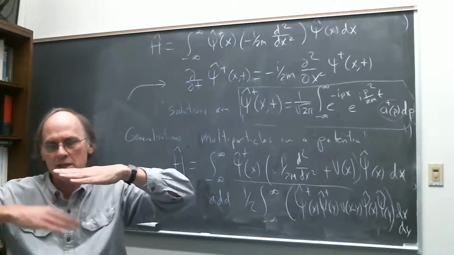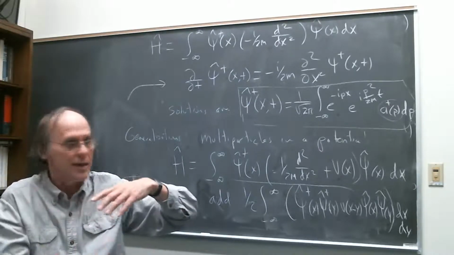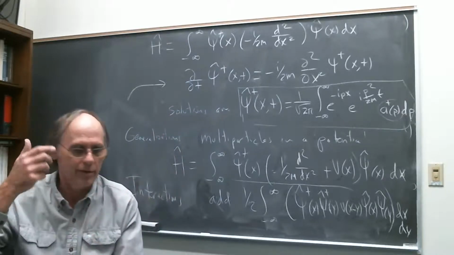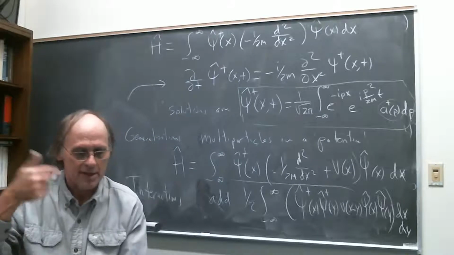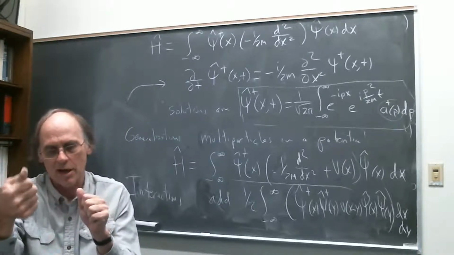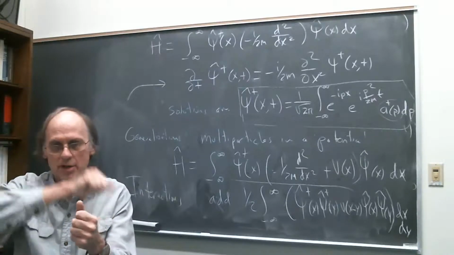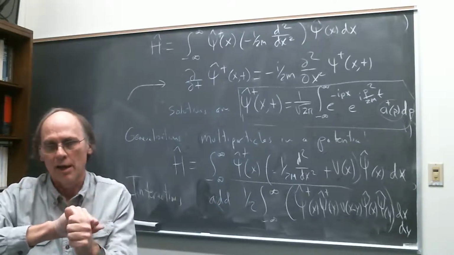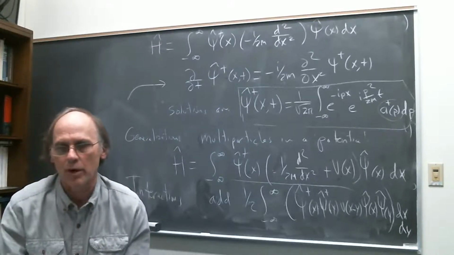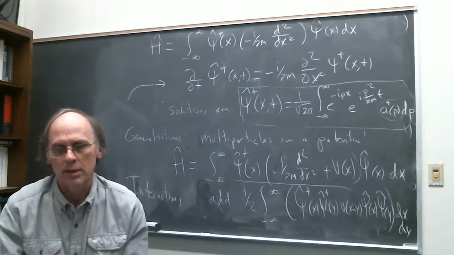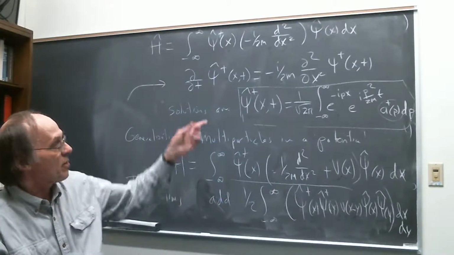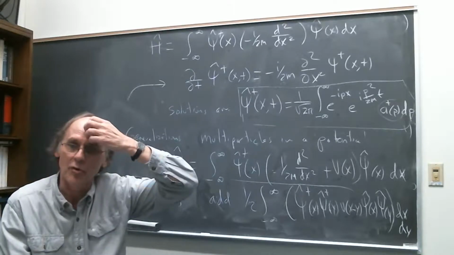If you're used to how states evolve in time, and instead you're talking about how operators evolve in time, then in some sense, if you want to know what an operator is doing at a given time, you have to move it backwards in time to time zero. And so there's a minus sign which comes in, which is confusing at various points. But other than that, I think the formalism for the free particle should be relatively straightforward.